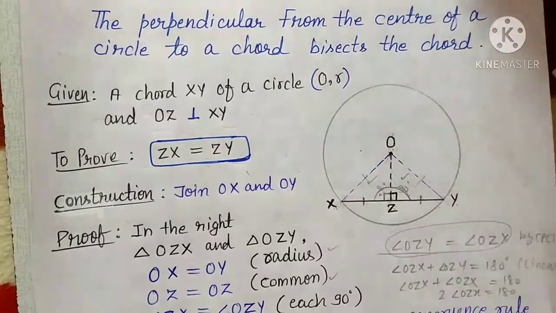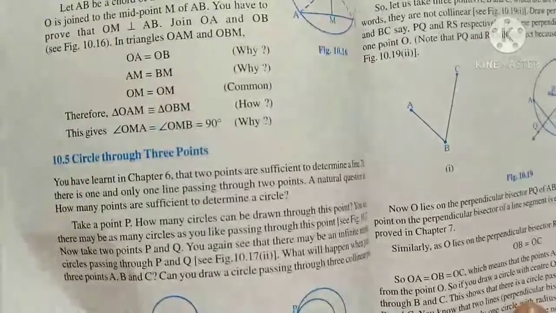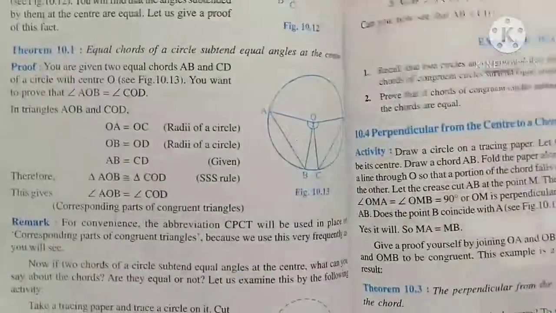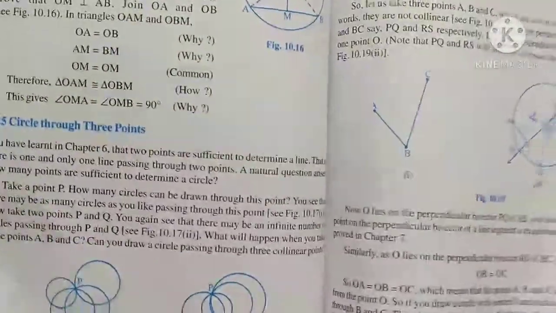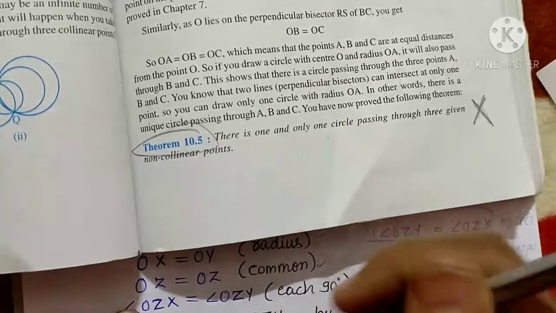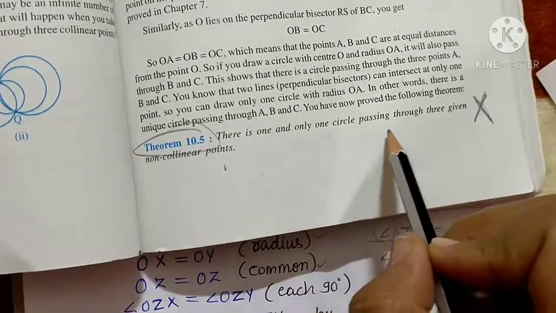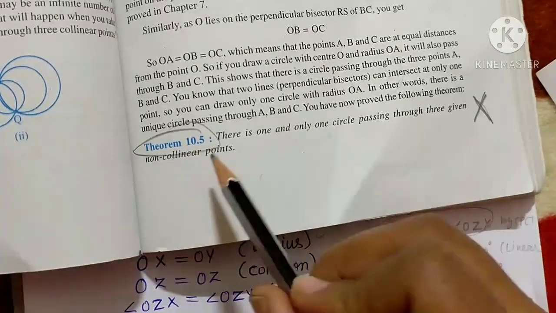Okay, now a very important thing I need to tell you: check your NCERT book. If you move forward, after 10.4 you will find theorem 10.5: there is one and only one circle passing through three given non-collinear points.